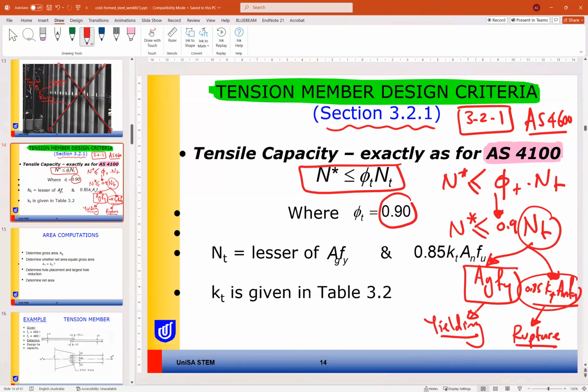Okay, where KT is given in table 3.2 in the Australian standard for steel.